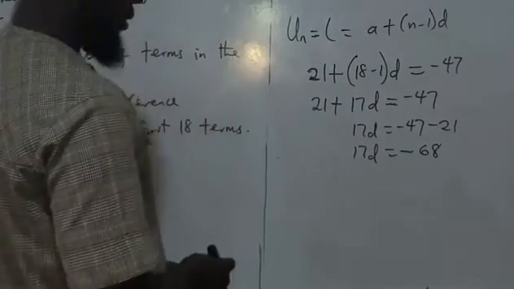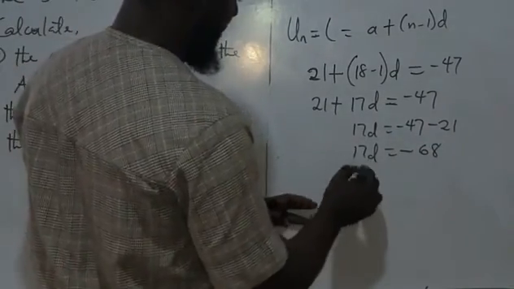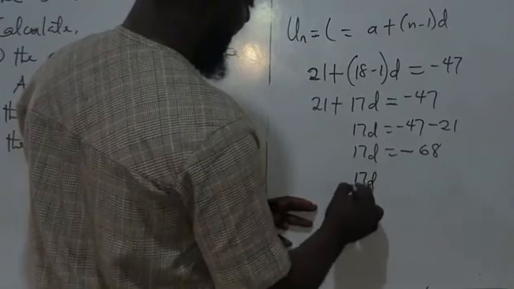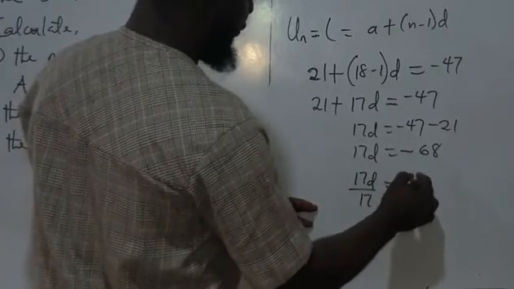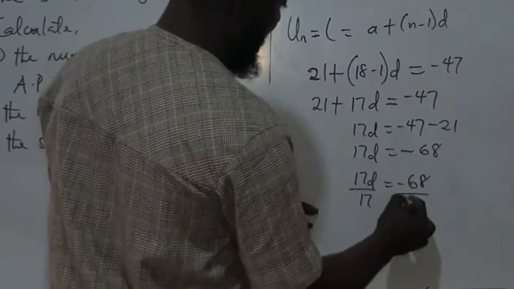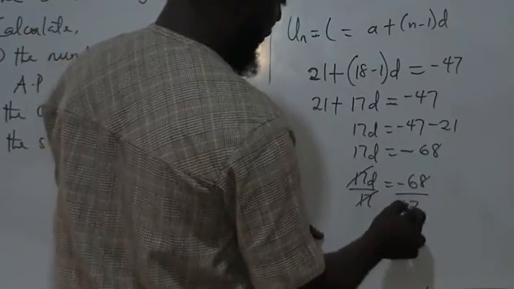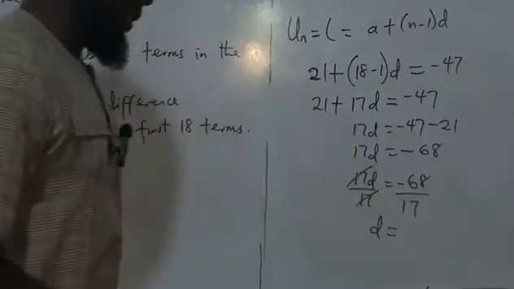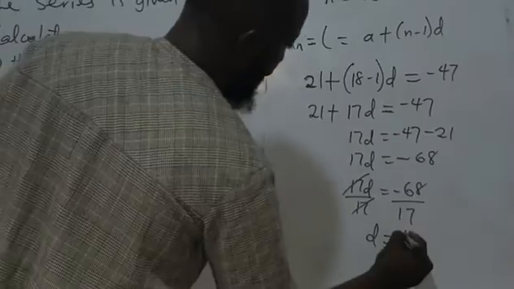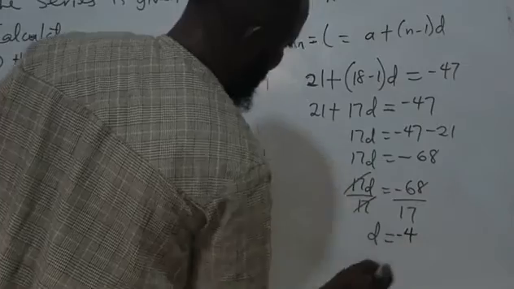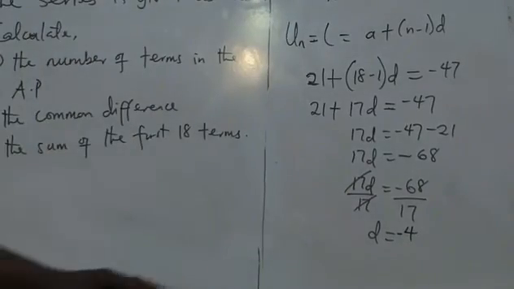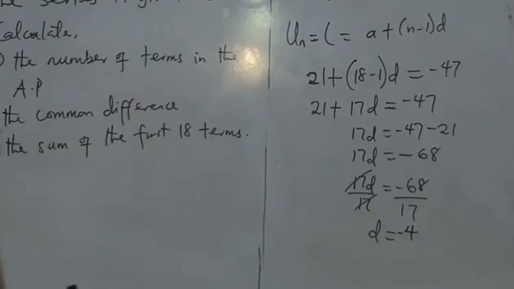So we divide both sides by what? By 17. Now 17d divided by 17 equals minus 68 divided by 17. So d equals 68 divided by 17, which is 4. That's minus 4, which means the common difference is minus 4.